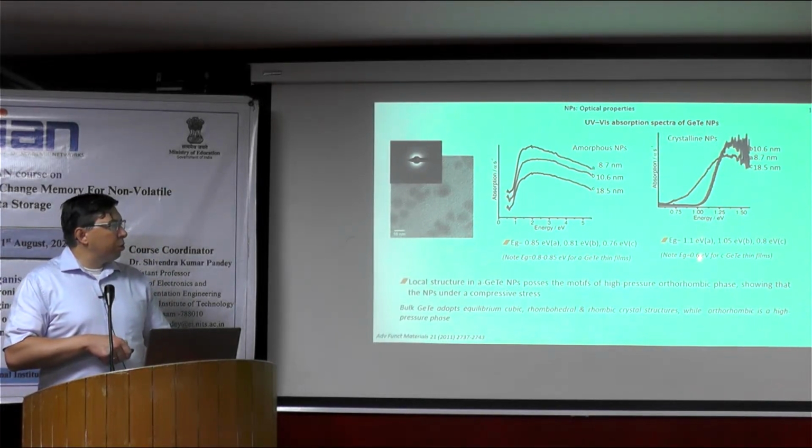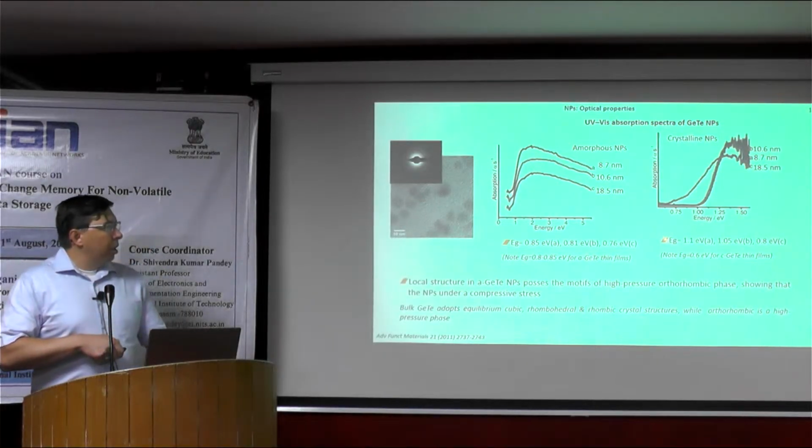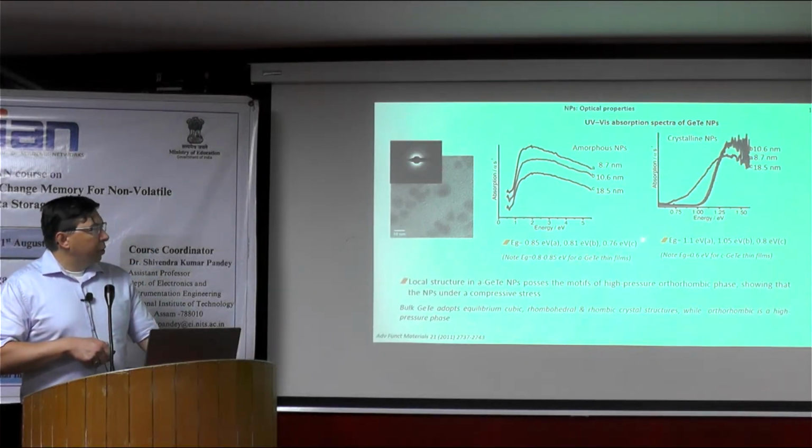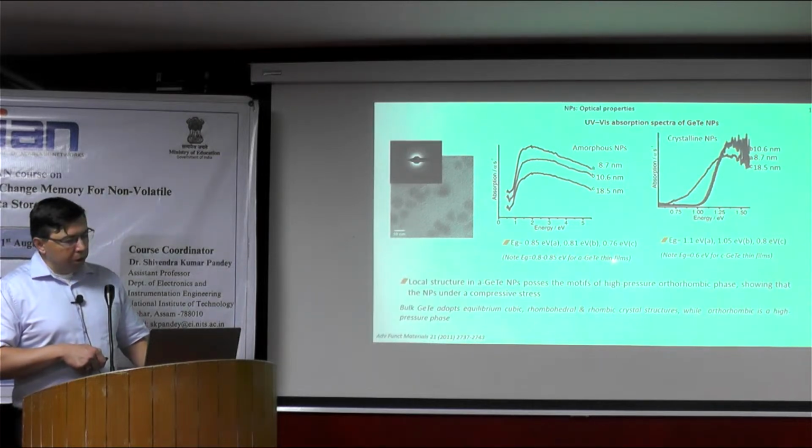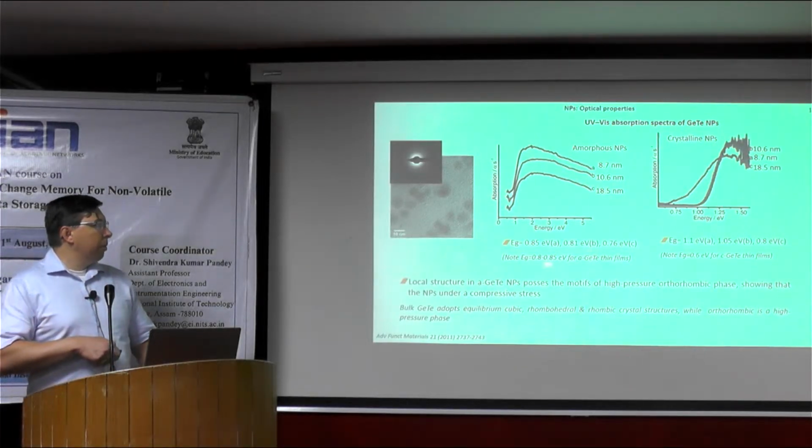So this is a huge difference, almost double. And it also changes in a different way. It's somehow reversed. Here we have an increase of band gap, and in the case of the thin film system, we have a decrease of the band gap value.